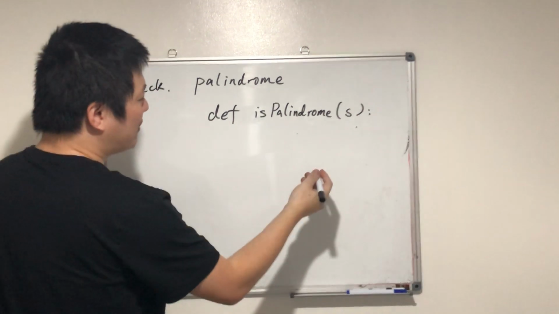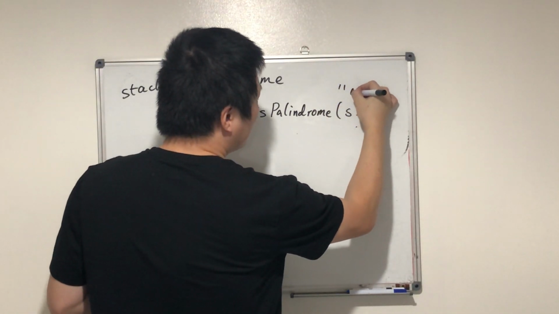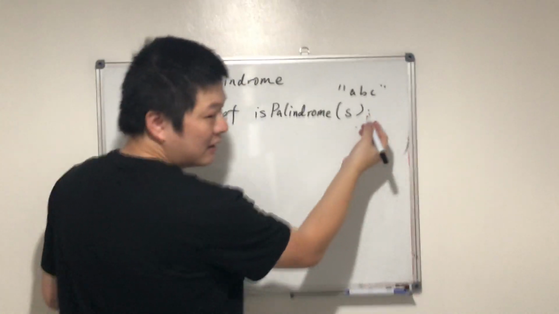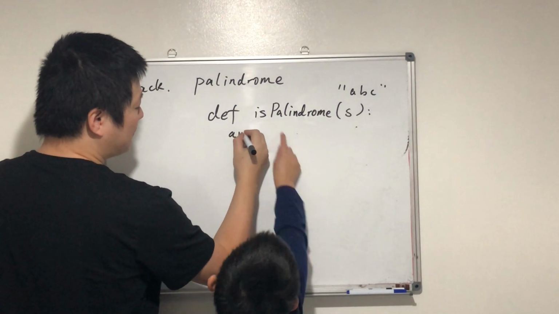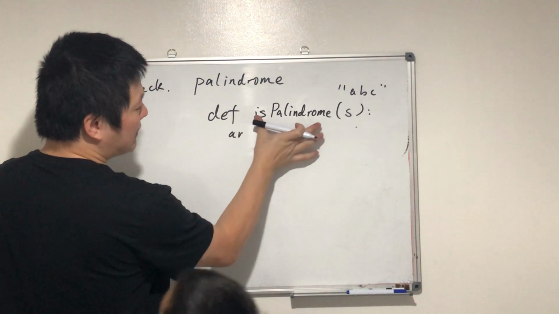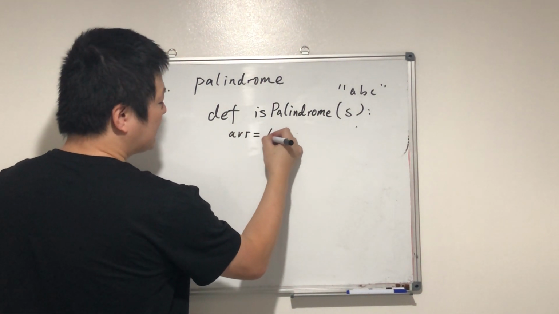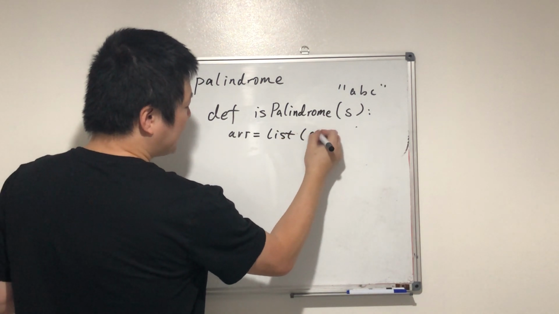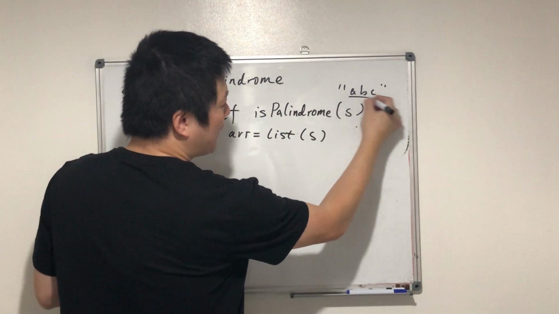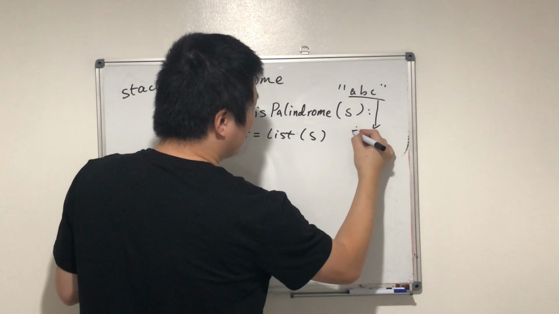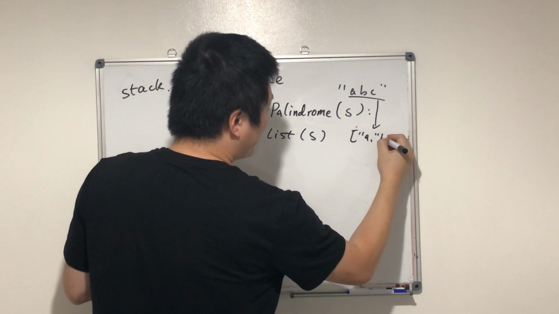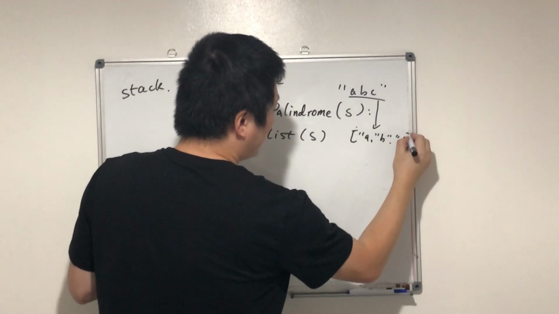So first of all, we need to convert this S string into a list. Look, we convert it into a list. So we use list, and now ARR will become what? A, B, C, right?